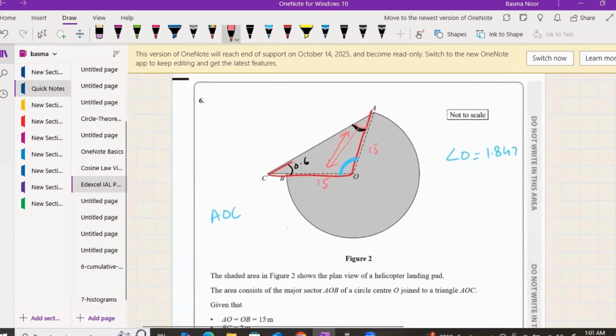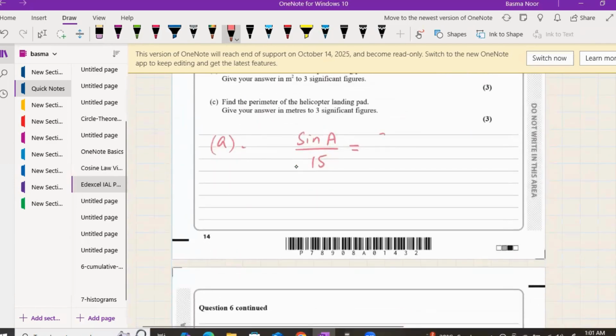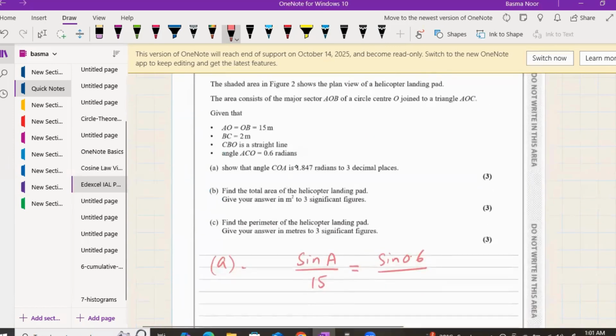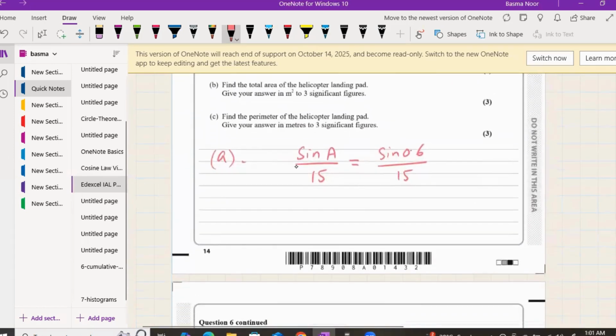The other angle and side are given. So sine of 0.6 divided by the opposite length, which is 15 here. We can simplify it and get the value for sine of A first. This 15 in division, when we move it to the other side, gets multiplied. Sine of 0.6 over 15 times 15.